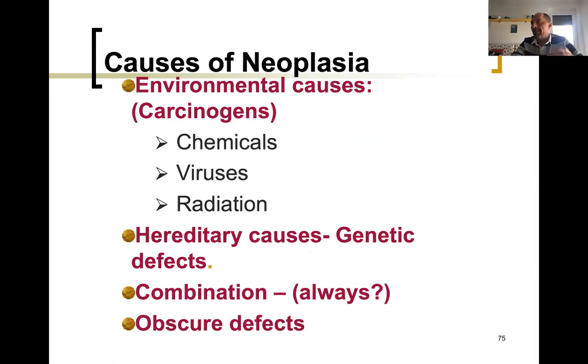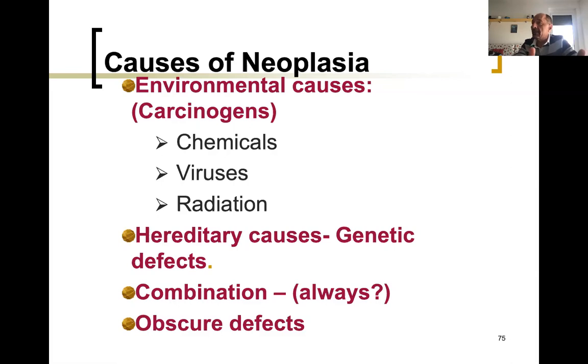The causes of neoplasia are many, and as you know, they are not completely clear. For sure, there are environmental causes related to exposure to chemicals, viruses, or radiation. We know for sure that some chemicals, some viruses, and some radiation exposure can, in some cases, induce cancer. But of course, there are hereditary causes, genetic defects, especially for pediatric tumors.